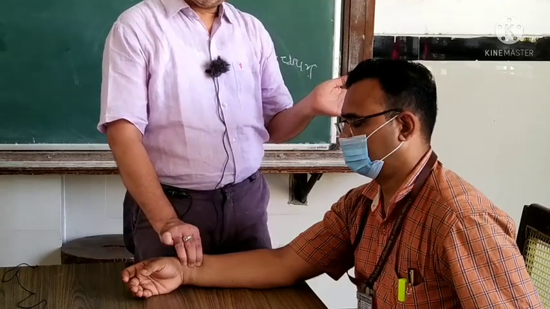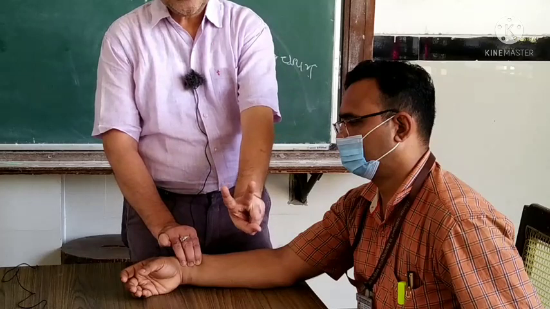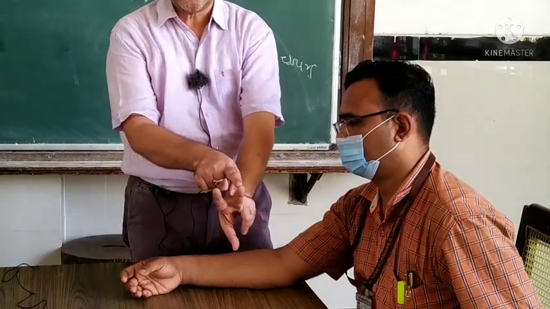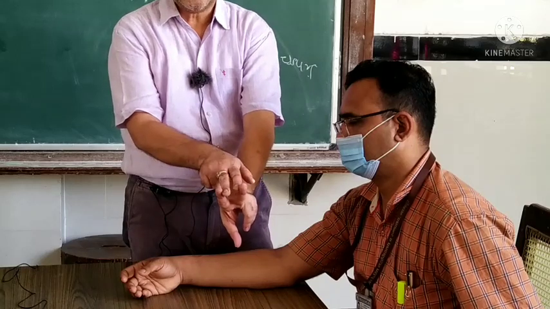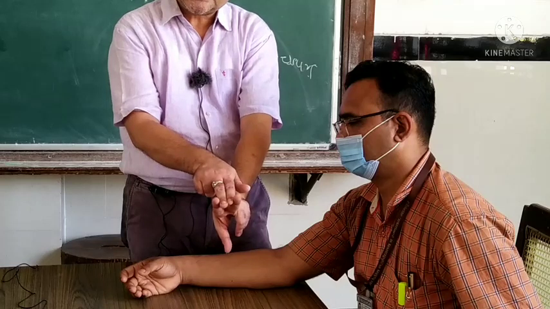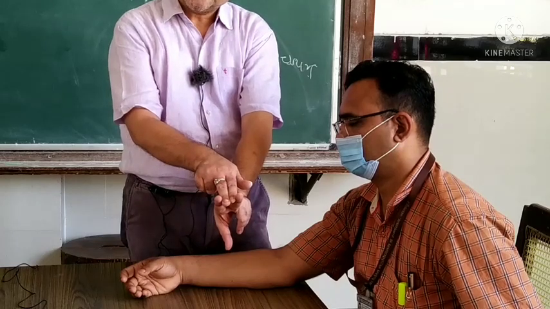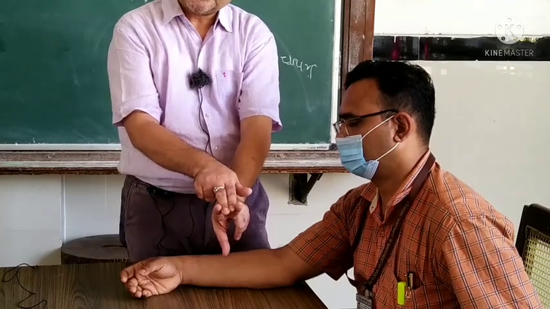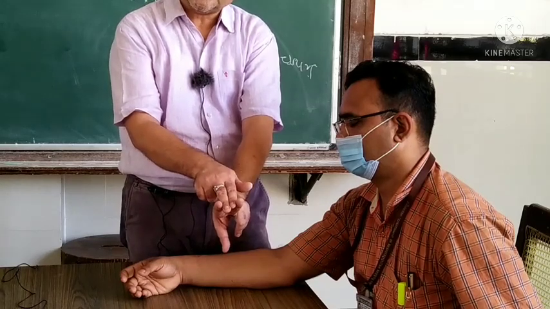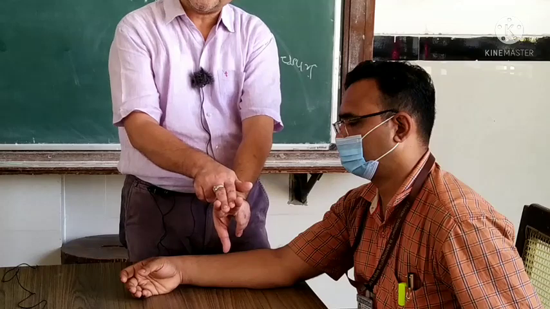Now, the next point is the tension. There are two beats, the first beat and the second beat. These two consecutive beats have a gap between them. During this gap, check whether it is rigid, that means high tension, or whether it is soft and flabby, that is low tension, or whether it is moderate tension.